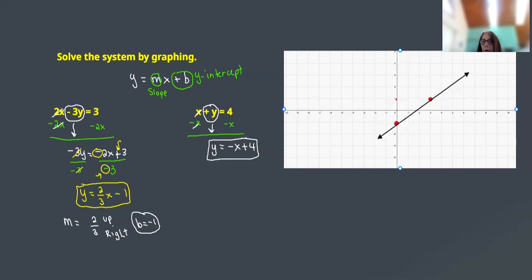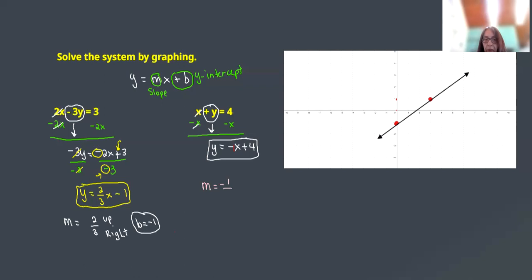There. All right. Now let's take a look at our other line, our other equation. In the other equation, we have negative x. If you want to put a 1 there, you can. If that helps you, put a 1 right there. All right. So our slope for this one, and I want to always write it as a fraction when I'm graphing, the slope is -1, so I'm going to put it over 1.